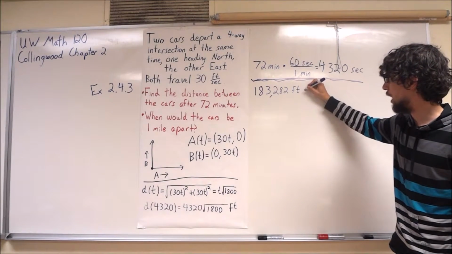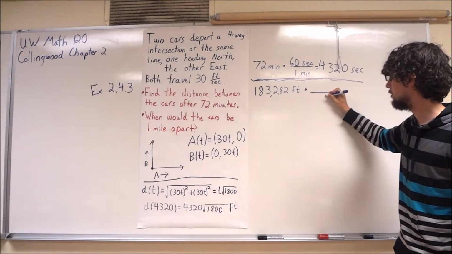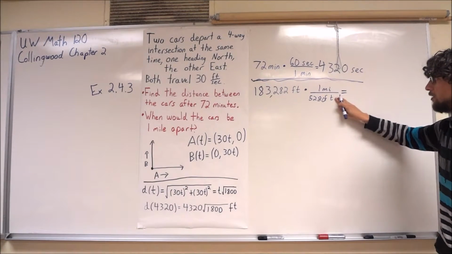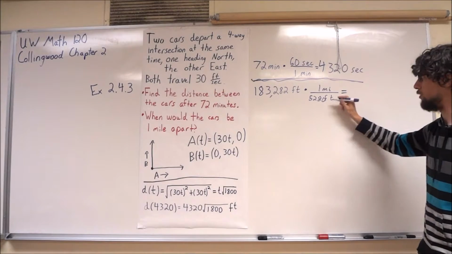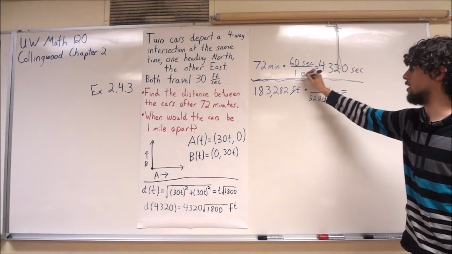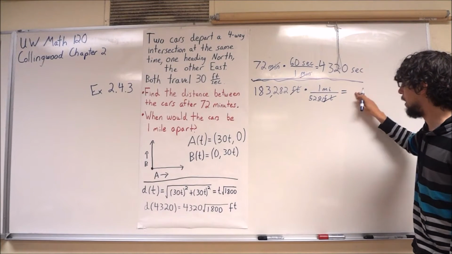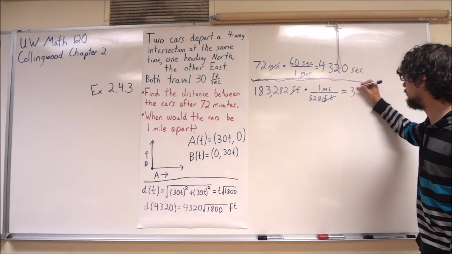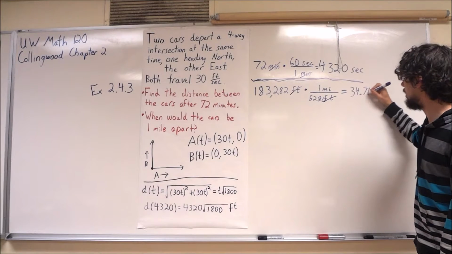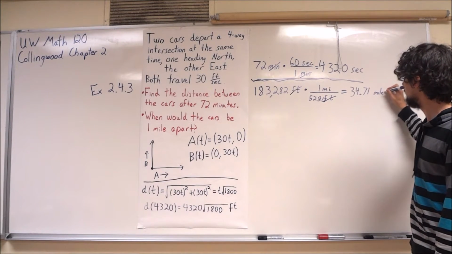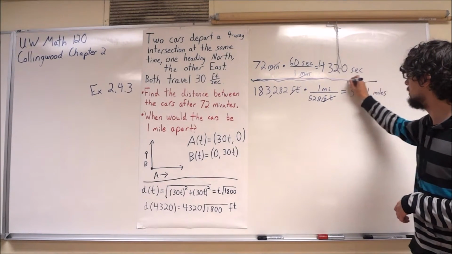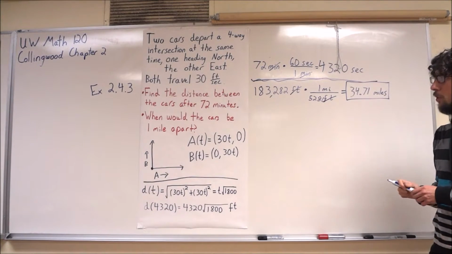Multiplying by a conversion factor to put this in terms of miles, I have that 1 mile is equal to 5,280 feet. The feet cancel here, just like the minutes canceled here before, and I'm left with units in miles, and my actual number is 34.71 miles. So this is our solution to the first part of the question.